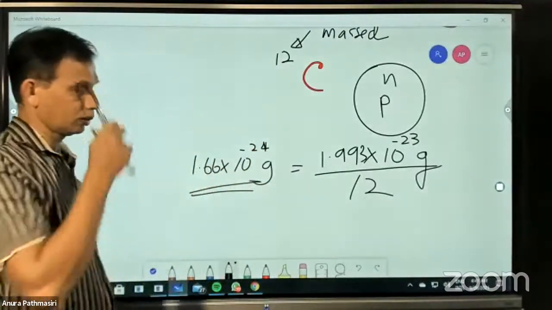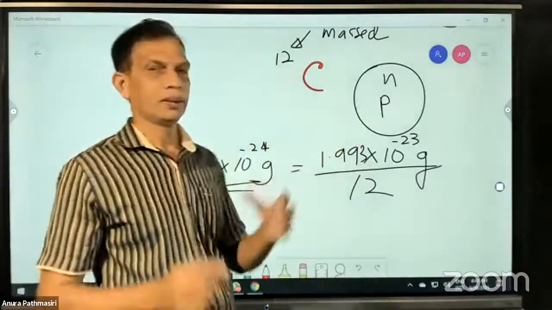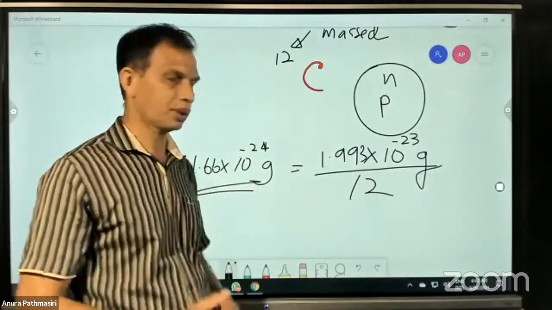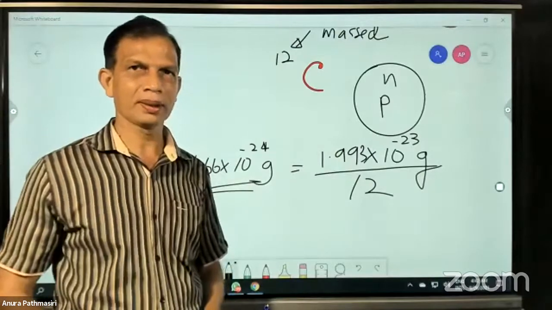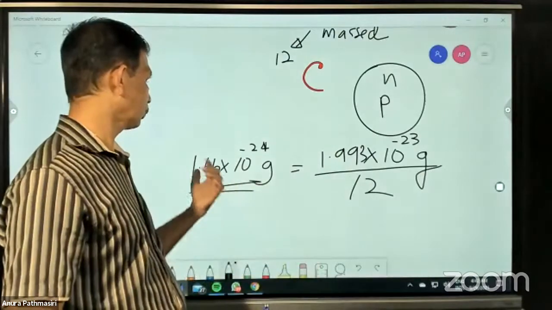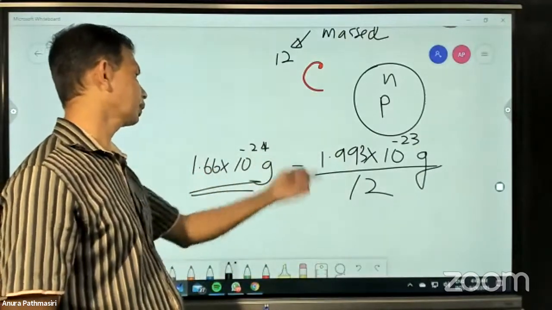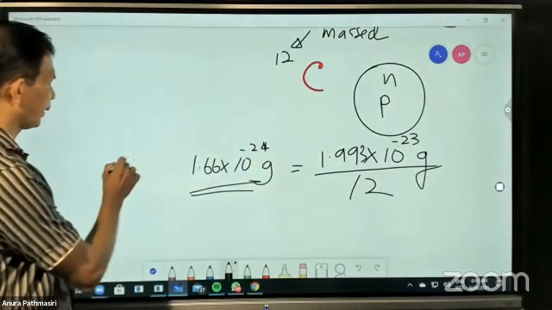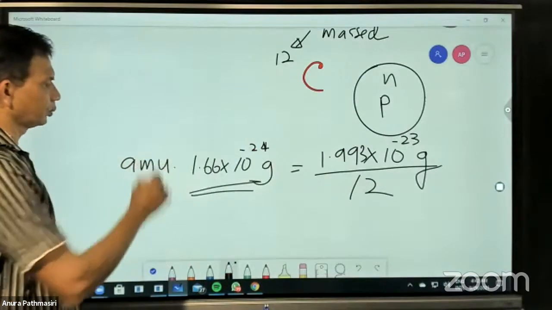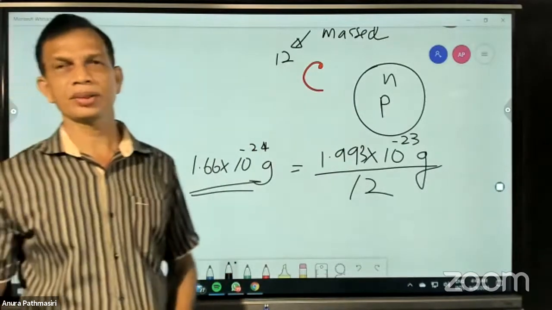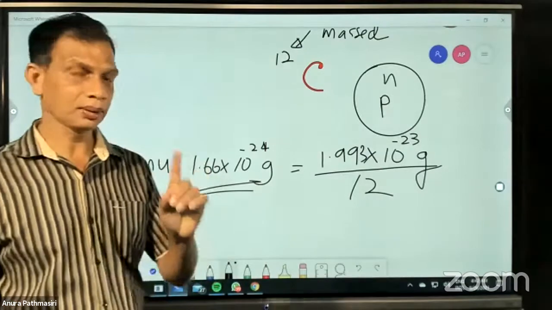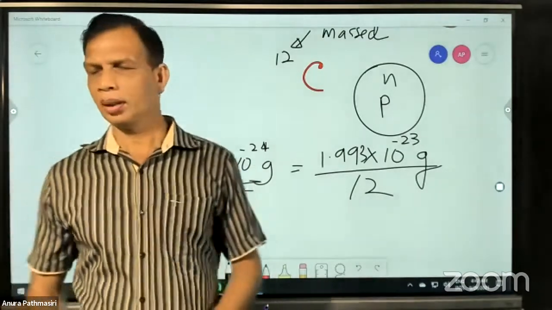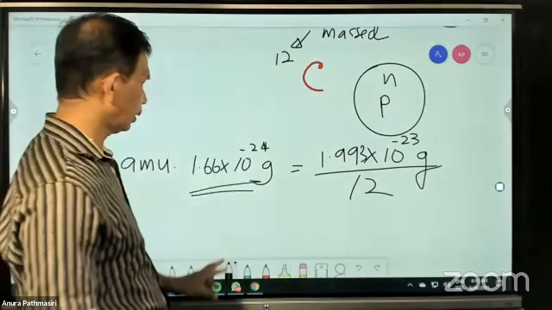So one subatomic particle would have a mass of 1.66 times 10 to the power negative 24 grams, and that is considered as AMU, atomic mass unit. Then, how did we get that one?